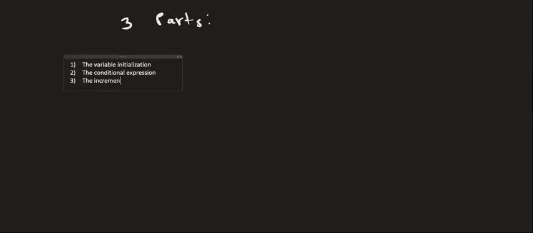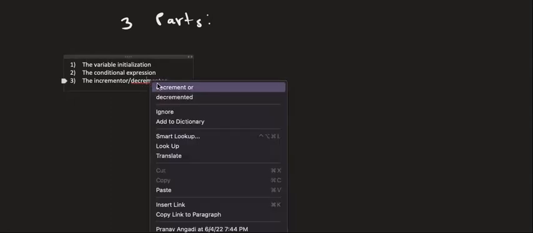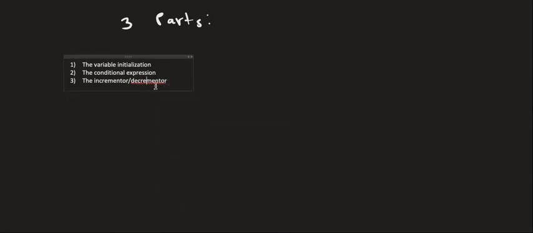It doesn't have to be necessarily an increment or decrement, but I'll write it like this for now because most likely it will be in a lot of examples. All right. These three parts are necessary to complete your for loop header.